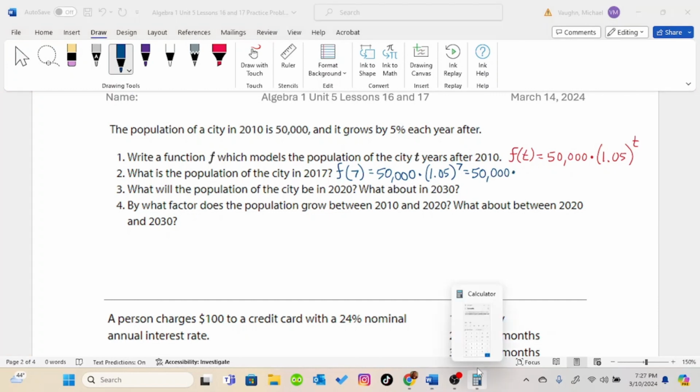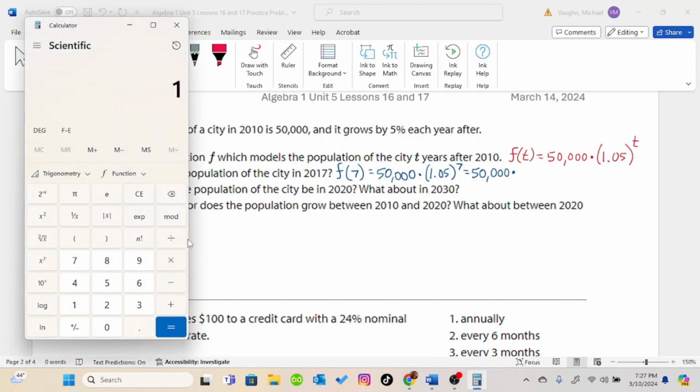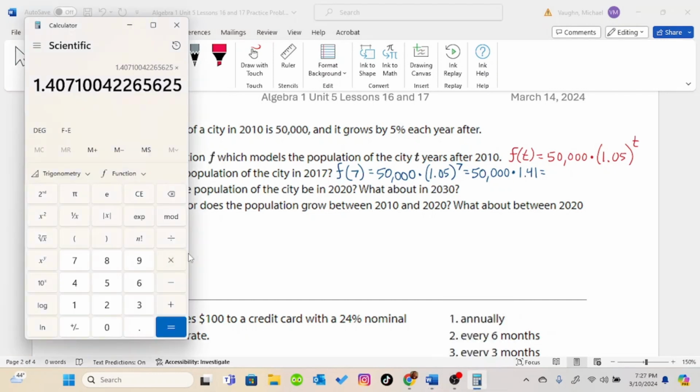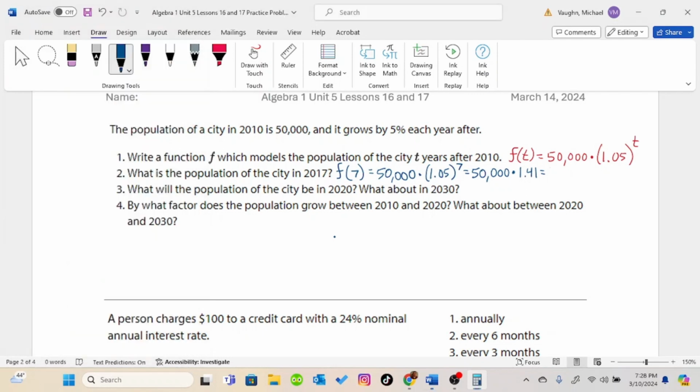We do the exponent part first. 1.05 to the power of 7 is approximately 1.41. And now we multiply by the original amount, which was 50,000. And the new population is 70,355.